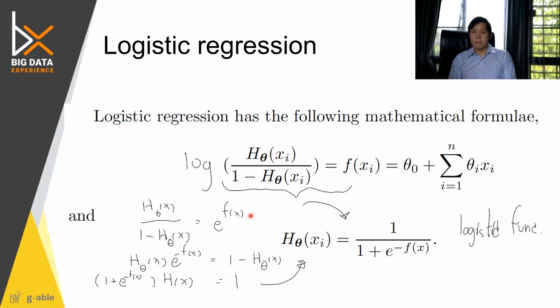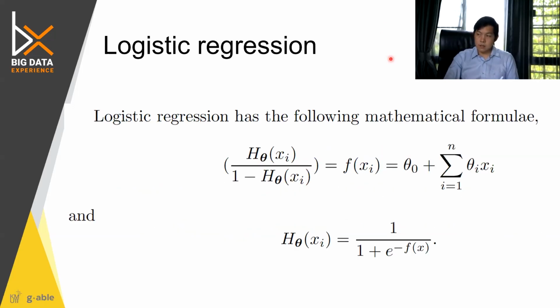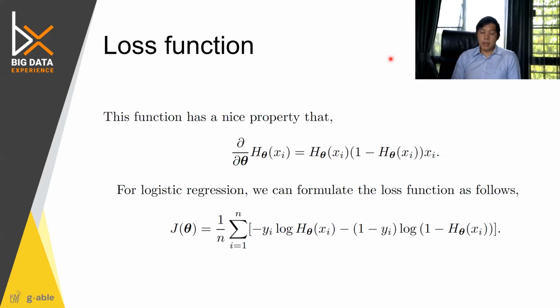Logistic function. There's a nice property with the logistic function, in a sense that, let me clear the screen first. Right, when you take the derivative of this logistic function, the derivative will be the value of the function multiplied by 1 minus the value of the function. Why is that? 1 over 1 plus e to the minus fx, right? This is gx.